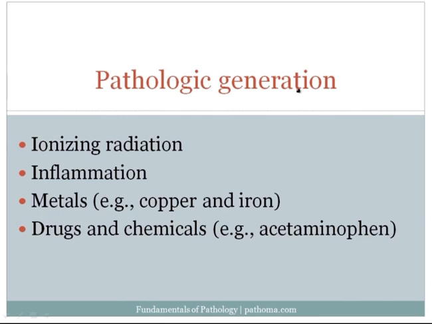All right, another example of pathologic generation of free radicals are drugs and chemicals. Acetaminophen is a very classic example, especially from pharmacology. Acetaminophen goes to the liver, it gets converted by the P450 system, and free radicals are generated in the process. The free radicals can be damaging to the tissues, and you will have learned, or perhaps have already learned, that high-dose acetaminophen can be taken by a patient who might try to commit suicide, for example, or who may overdose on acetaminophen, and that overdose of acetaminophen causes massive liver necrosis.